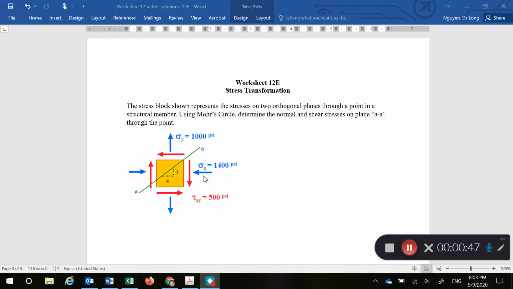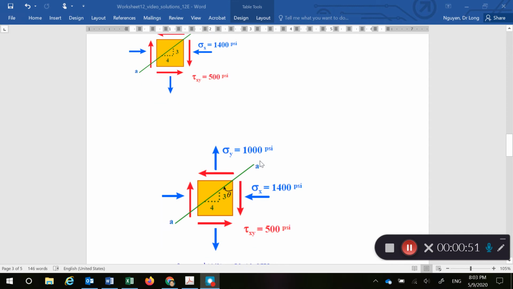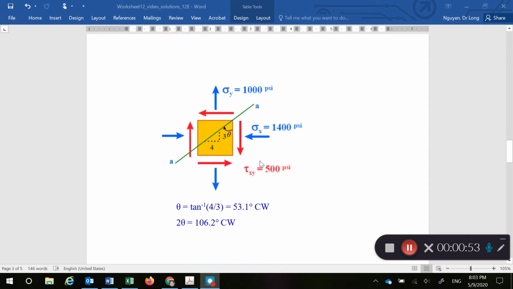I just want to remind you that theta, by definition, is the angle from the original x-plane, the vertical plane on the right, the plane perpendicular to the x-axis, to the plane AA.